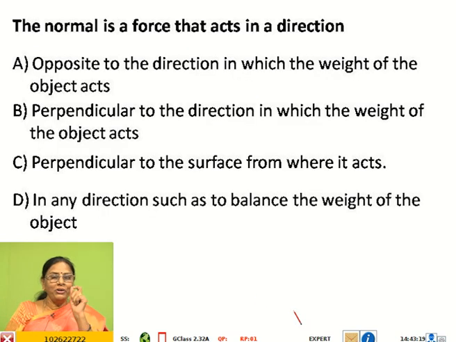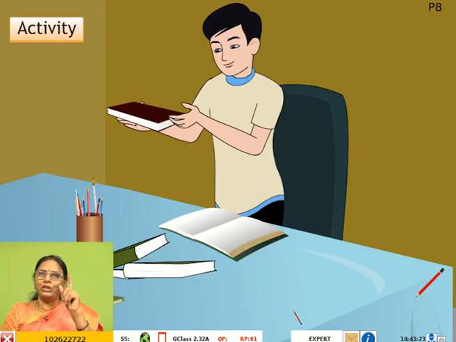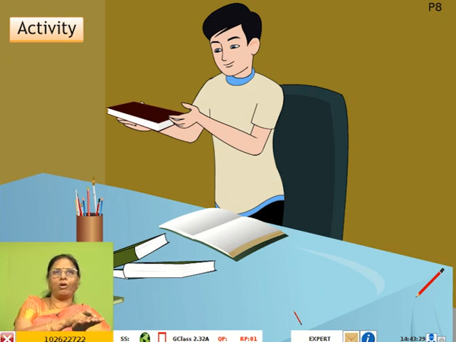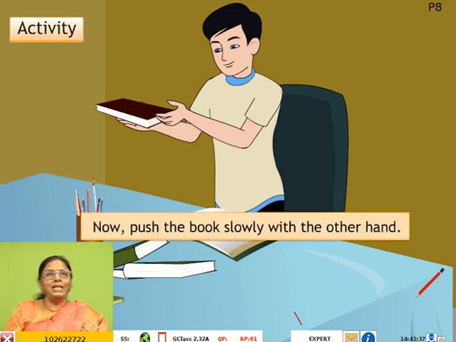In order to understand what made those objects come to a stop, we have understood about two forces, weight and normal. Now let us proceed further. You have got your book in your hand again. Now slowly push the book and experience what you feel, children.